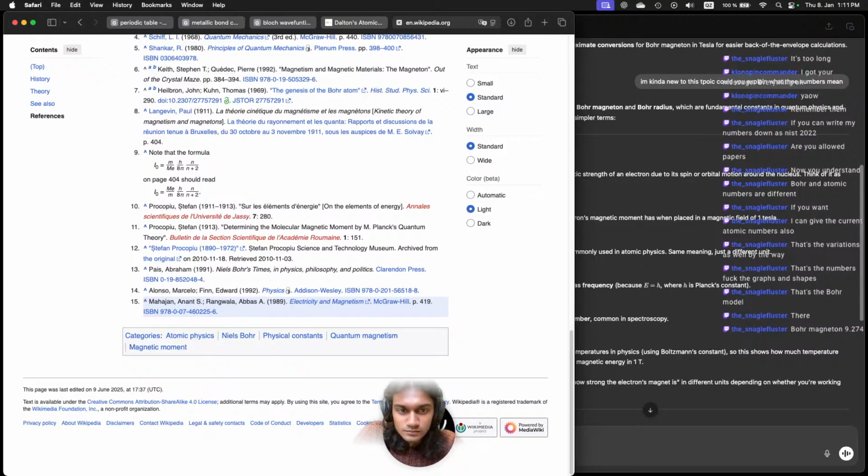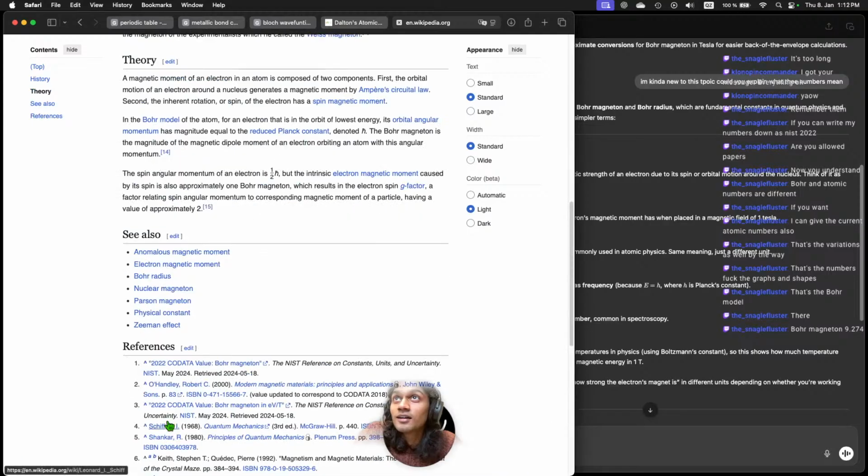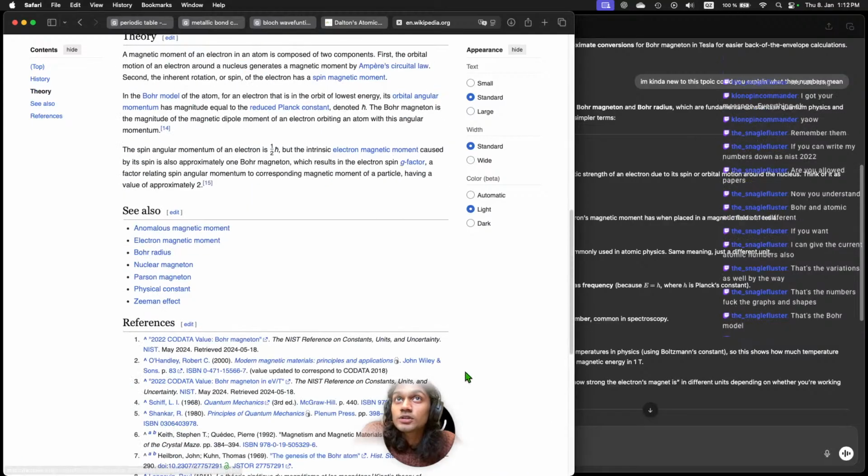It's too long, Snaggle Fluster. That's a lot of lore bomb, I gotta say.